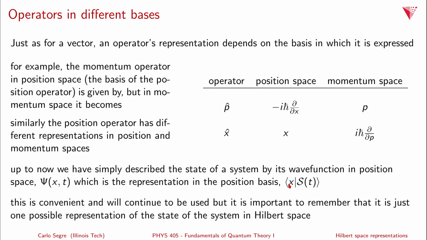So this is convenient and will continue to be used, but you have to remember that it's just one possible representation of the state of this system in Hilbert space. We have equivalent representations if we closed it with p, or if we closed it with E sub n, we would get equivalent representations, but in a different basis set.